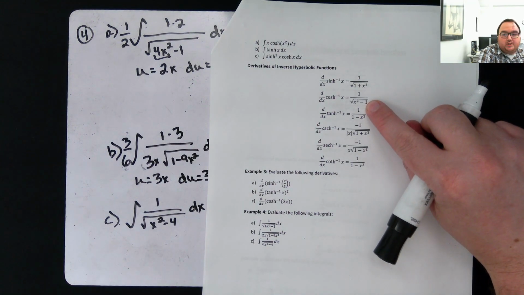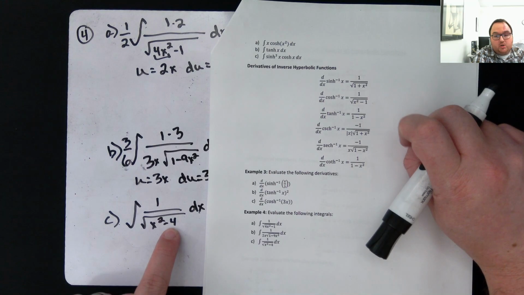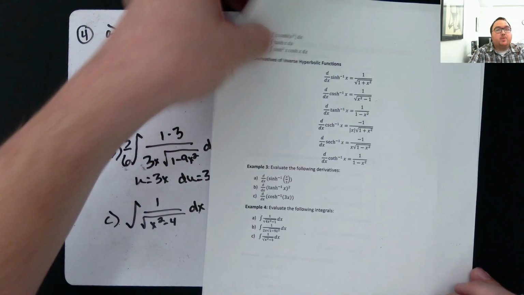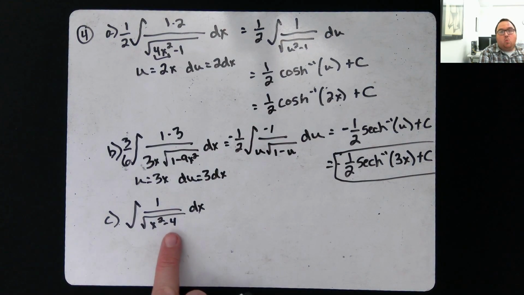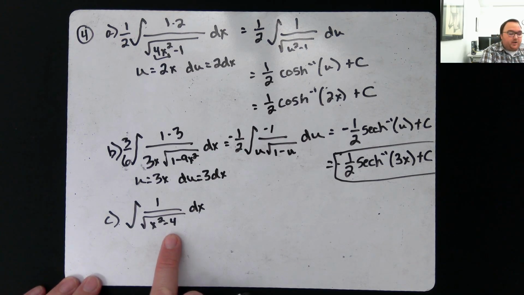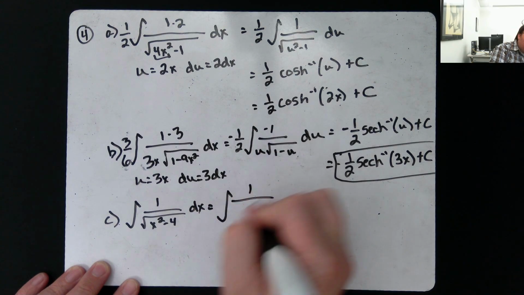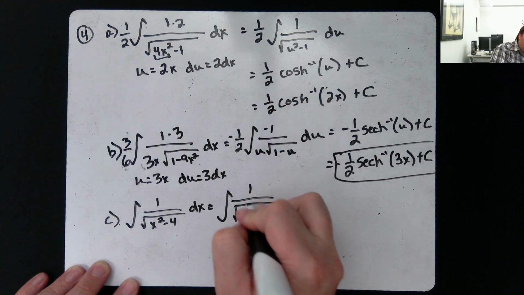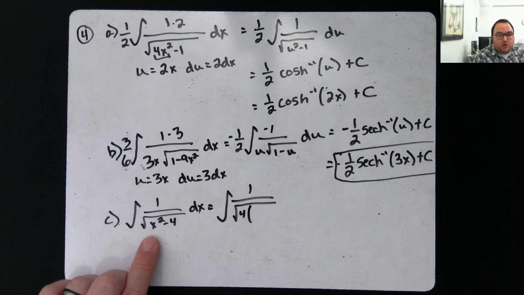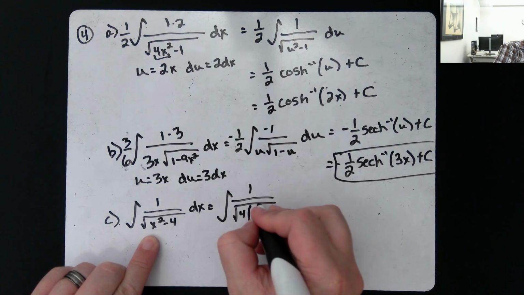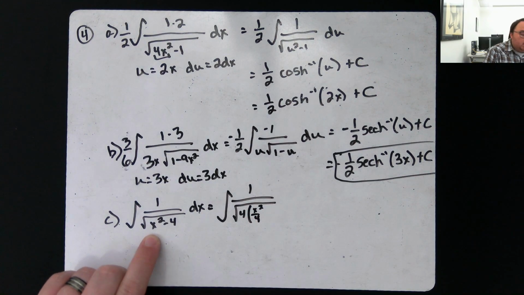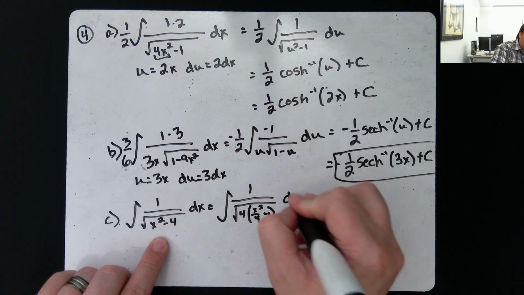Again, this rule calls for a 1. I have a 4, so that's no good. So what I'm going to do then is I want to make this a 1. So I'm going to factor out that 4. So this is going to be integral 1 over the square root. I'm factoring out a 4, which would mean this first term would turn into x squared over 4 minus 1 dx.